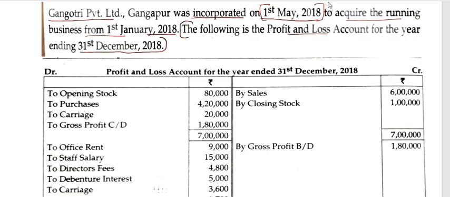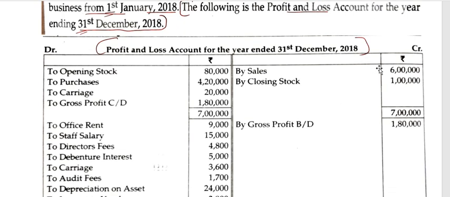Gangotri Private Limited was incorporated on 31st May 2018 to acquire the running business from 1st Jan 2018, and the financial close was on 31st December 2018. So this is the profit and loss account for the year ending 31st December 2018.